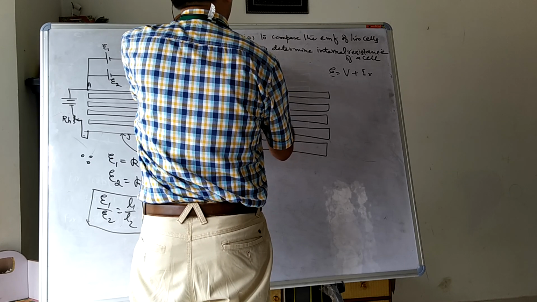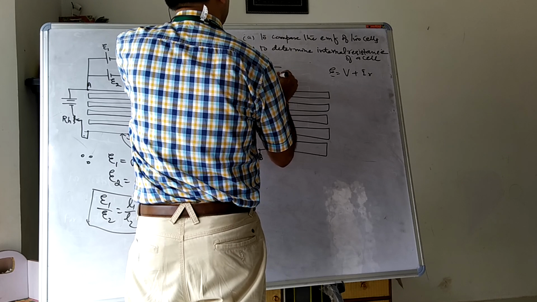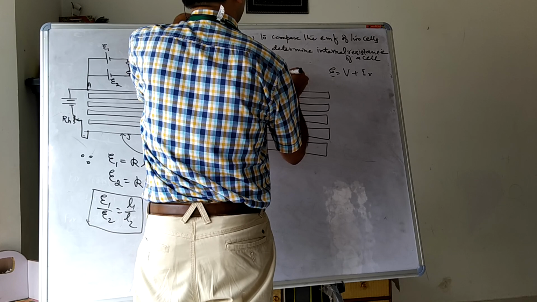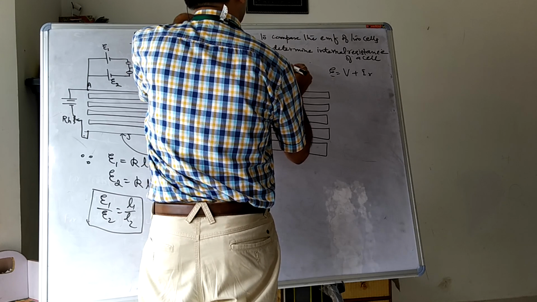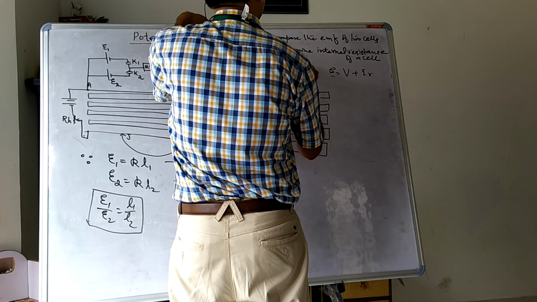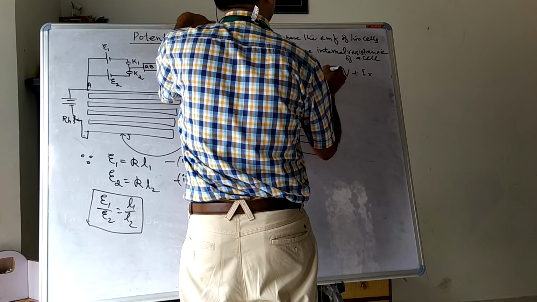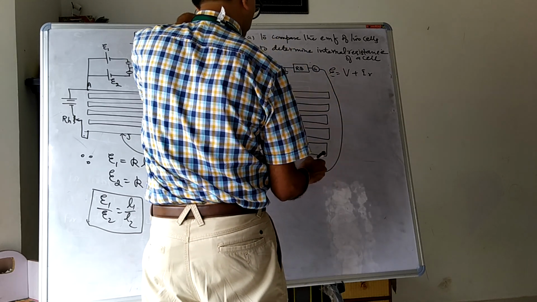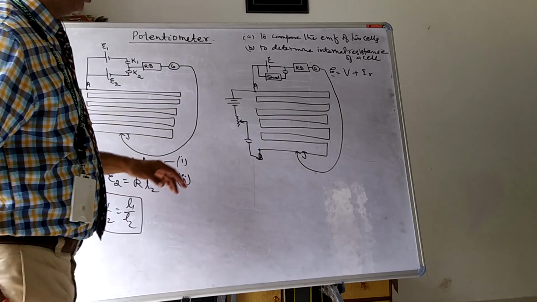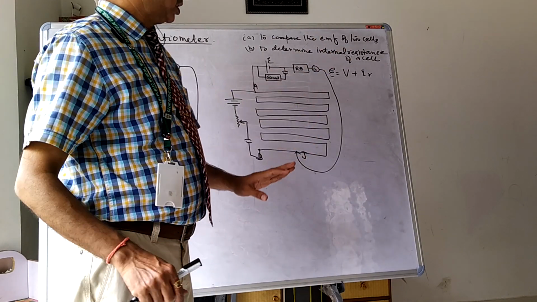There will be a shunt resistance, shunt. There will be two. Resistance box, there will be a galvanometer, and then the balance point will be at the middle. Right? Now, this is for the determination of internal resistance.